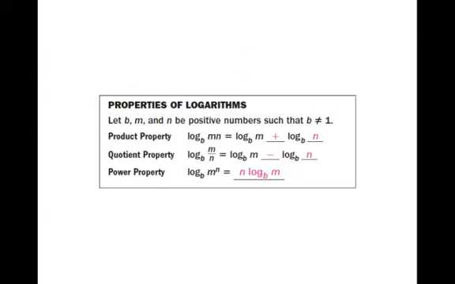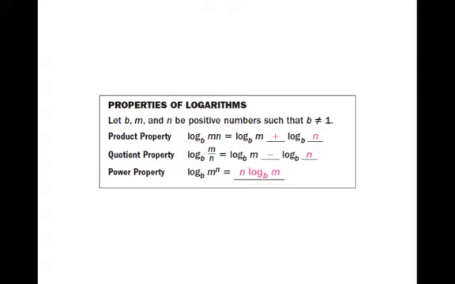Okay, there are properties of logarithms. We're going to let b, m, and n be positive numbers such that b is not equal to 1, because we can't have a base of 1. The product property is log base b of m times n equals log base b of m plus log base b of n.